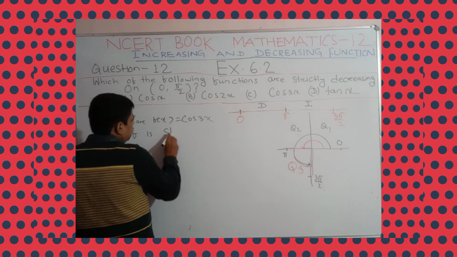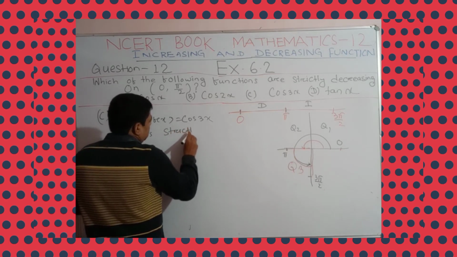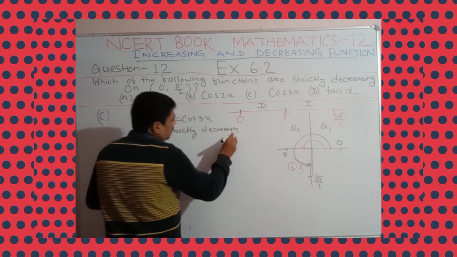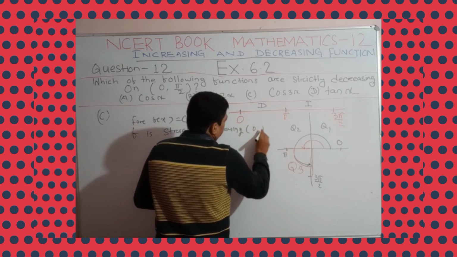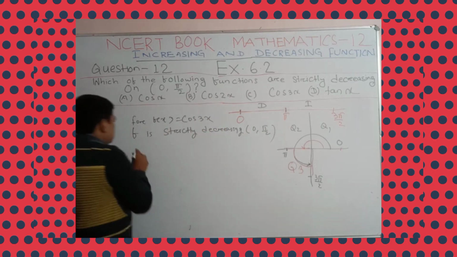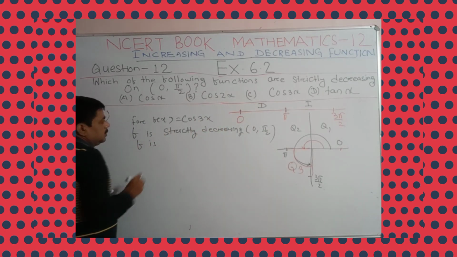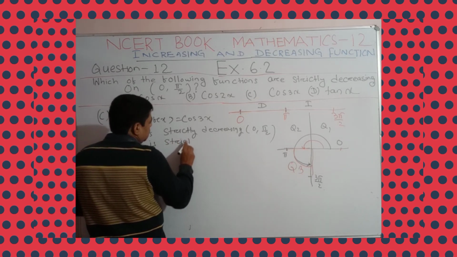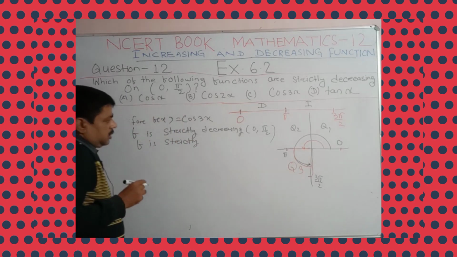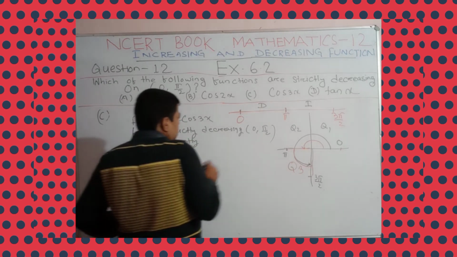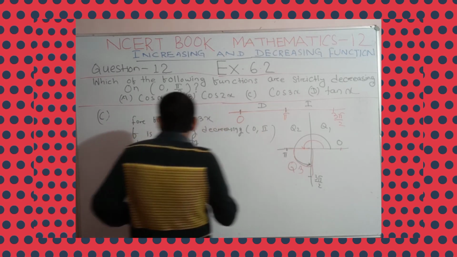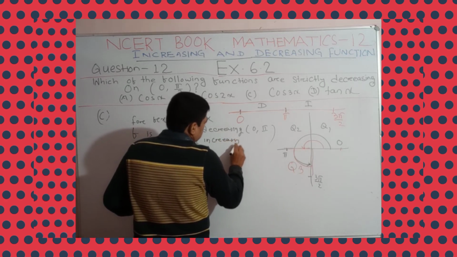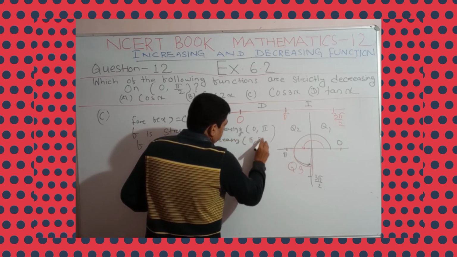F is strictly decreasing in the interval 0 to pi by 2, and f is strictly decreasing in the interval 0 to pi, and strictly increasing in the interval pi to 3 pi by 2.